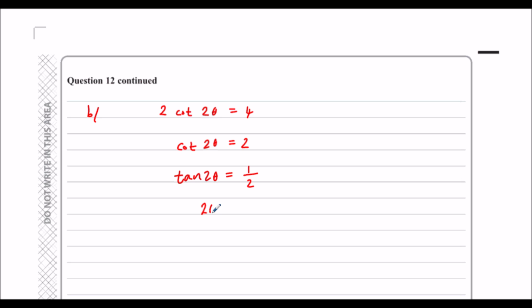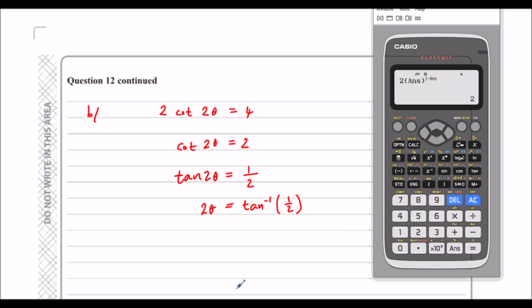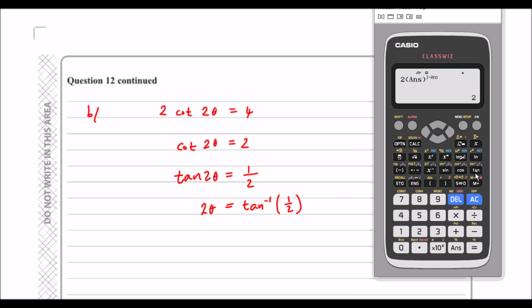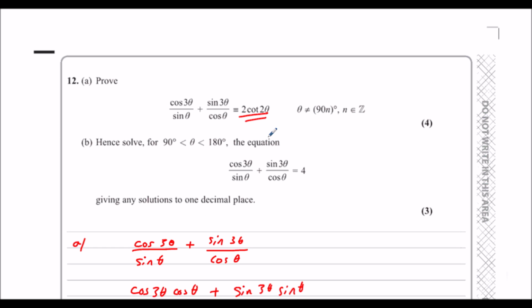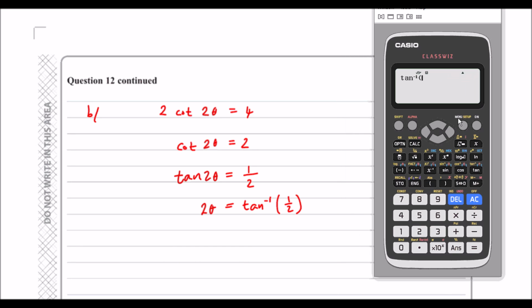So we're going to get 2 theta by doing shift tan, arc tan of a half. And we were in degrees, weren't we? So between 90 and 180 degrees. So let's make sure our calculator is in the right setting.